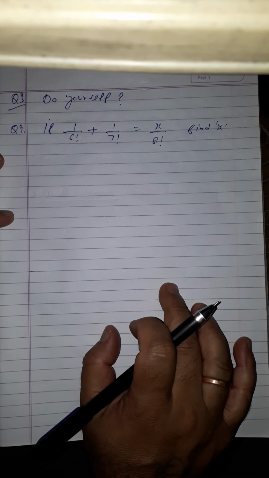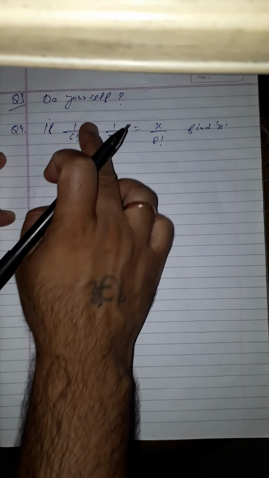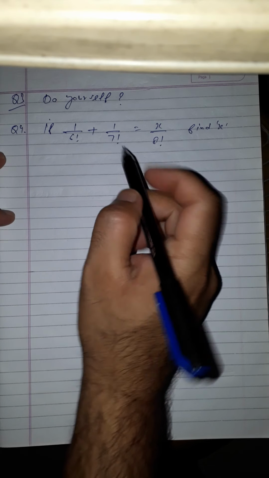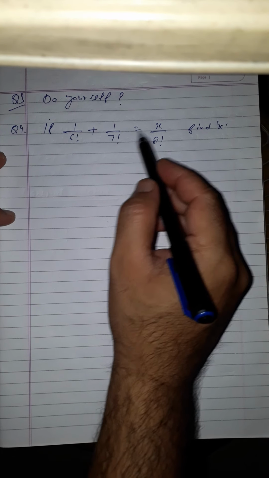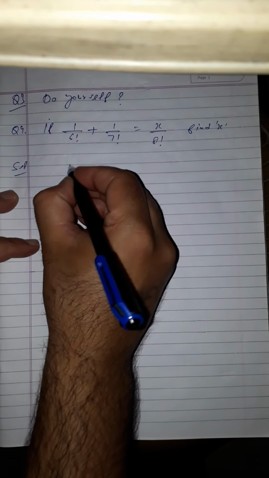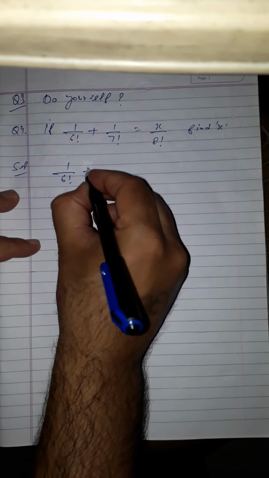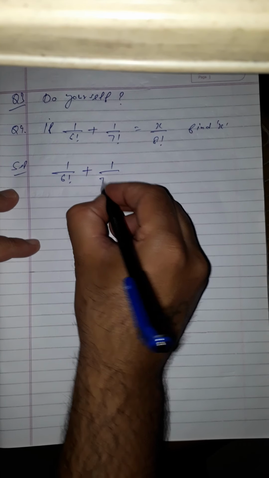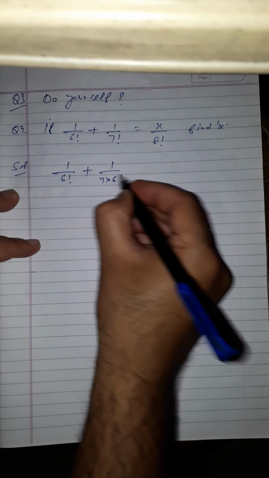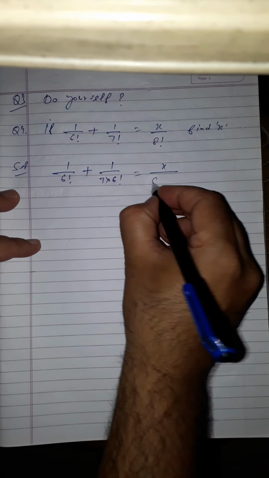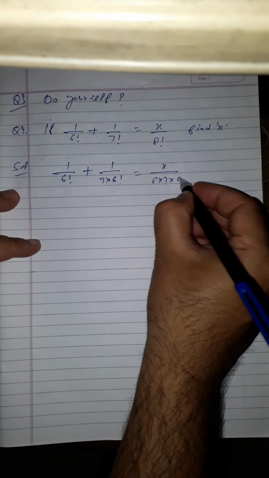Do it yourself. Question number 4 is: if 1 upon 6 factorial plus 1 upon 7 factorial is equal to x upon 8 factorial, then find x. So what you will do, students, here is the solution: 1 by 6 factorial plus 1 by 7 into 6 factorial is equal to x upon 8 into 7 into 6 factorial. Right, students?